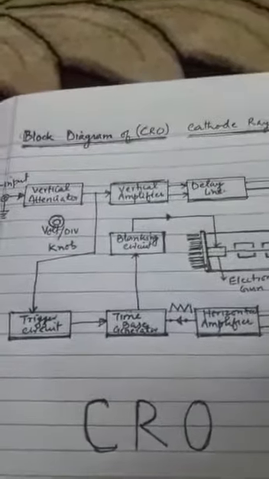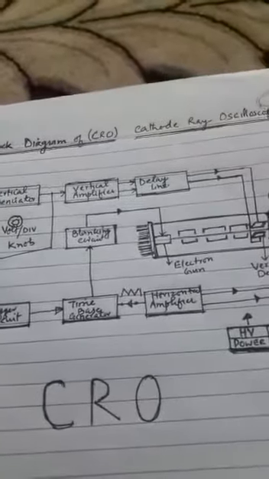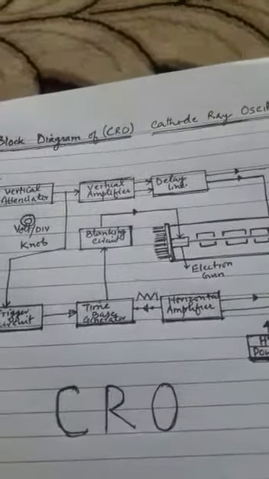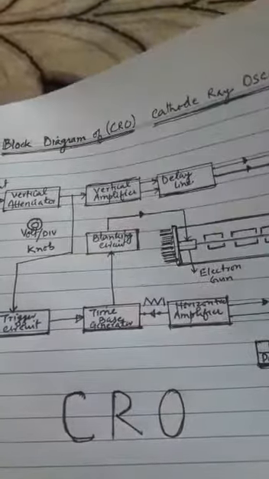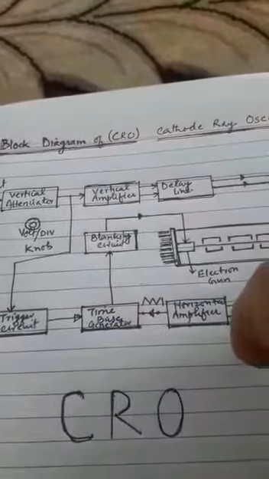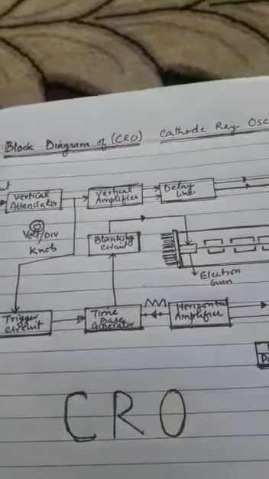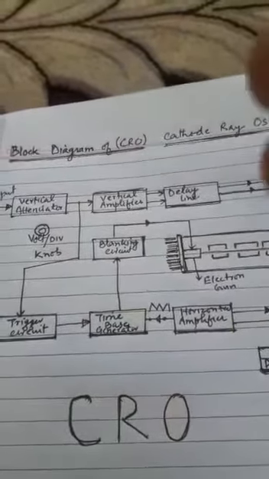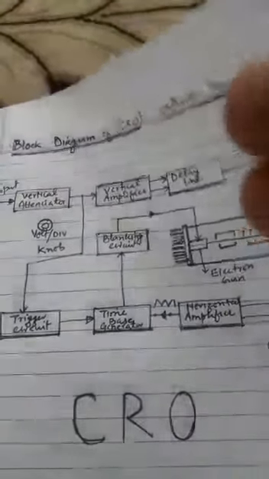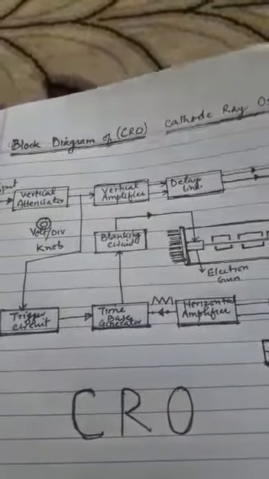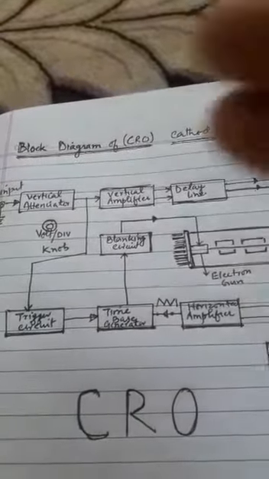You see that CRO means cathode ray oscilloscope. What is the function of CRO? CRO is an electronic device, an electronic instrument, used to measure the signal voltage with varying time, with two-dimensional plots.